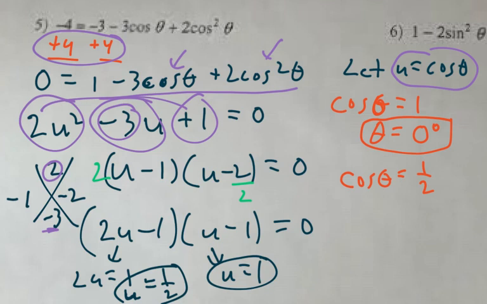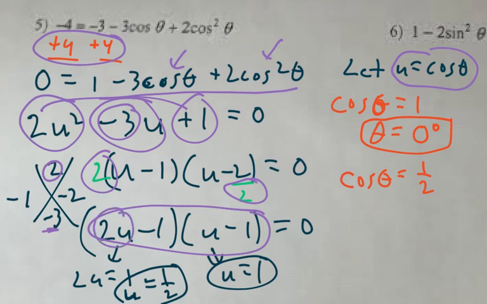This time I didn't forget to do the divide by 2 times 2, as you can see in green here. So here is the proper factored form. Solving this here, I know 2u has to be 1, so that means u has to be 1/2. Here, I just know that u has to be 1, so cosine would have to be 1 as well.